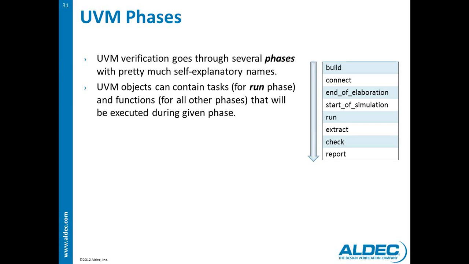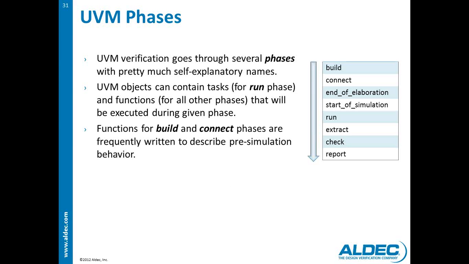First of all, you have run phase, which sits right in the middle. And you can create in your own components tasks that will be executed whenever run phase is entered. For all other phases, which are non-time consuming, you cannot use tasks, but instead you can create functions that again will be called whenever the given phase is entered by your simulation.